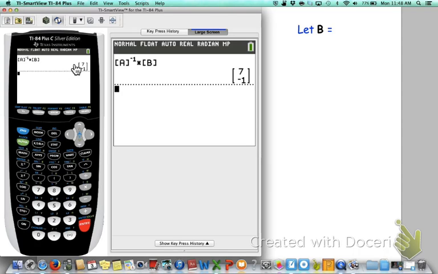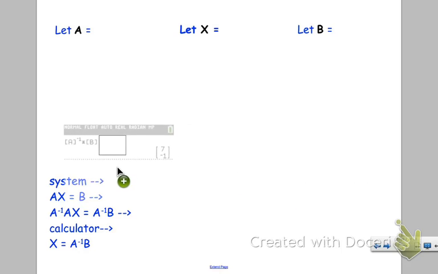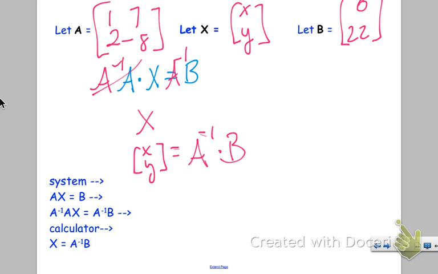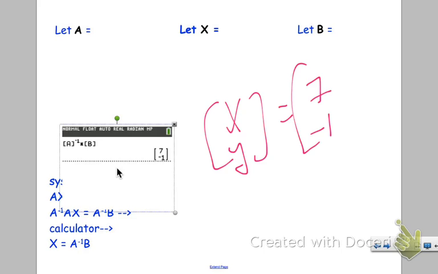So that means that x is 7 and y is 1. So what we just solved for was x, y by doing A inverse B. We got this, so that means that x, y equals 7, negative 1. So x equals 7, y equals negative 1.